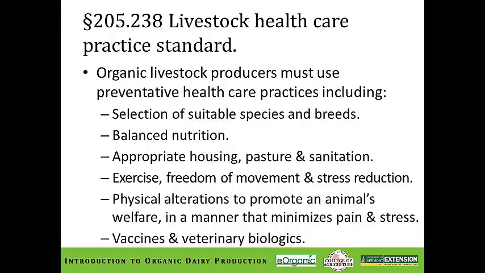Animals have to have freedom of movement, and stress reduction. Physical alterations are allowed to promote the animal's welfare if they're done in a manner that minimizes pain and stress. Vaccines and veterinary biologics are allowed.